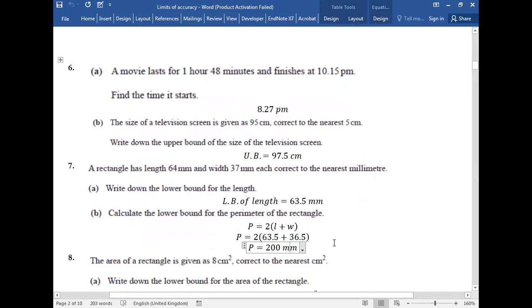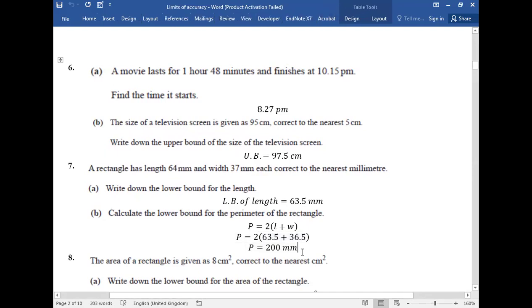You multiply it by 2 क्योंकि 2 lengths and 2 widths हैं. What do you get? 5 add हो गया 10 हो गया. 0 carried on. 0 रह गया 1 carried on. 3 plus 6 plus 1 10 हो गया. फिर 0, 1 carried on. 3 plus 6 plus 1 10 हो गया. 100.0. Right? Multiplied by 2, you get 200.